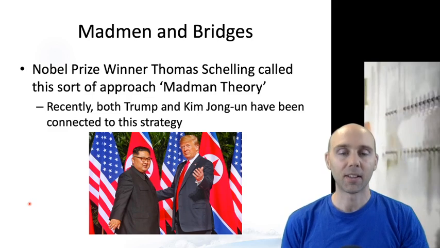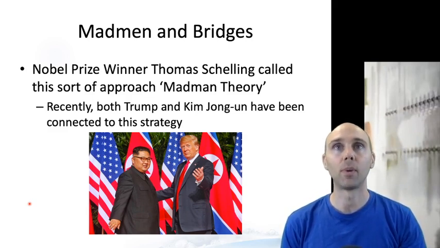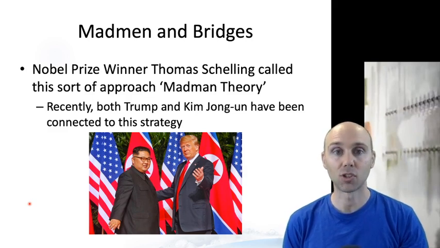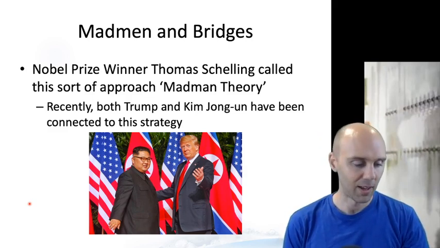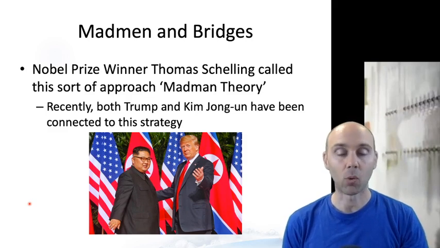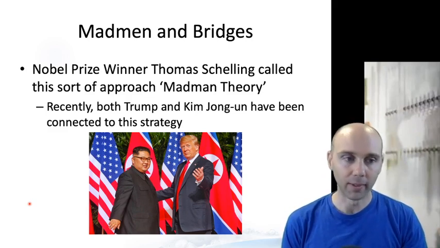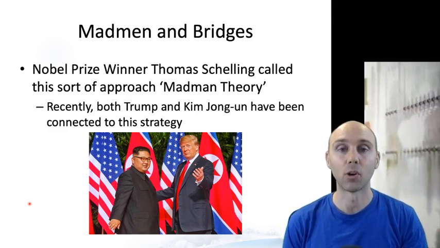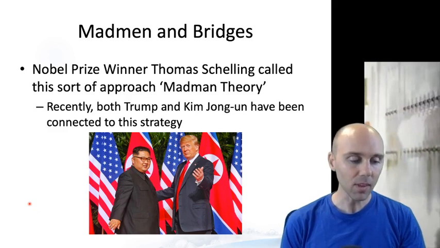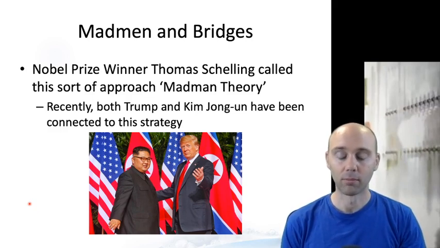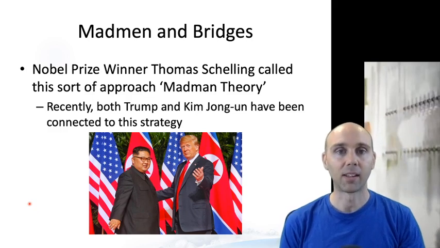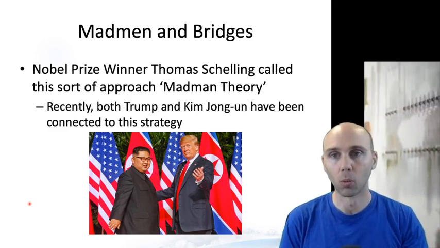And in the past year or two, both Donald Trump and Kim Jong-un have been connected to this madman strategy, not used here as an insult, but just as in they quite often make claims that they are willing to go to these completely crazy, devastating lengths if their demands are not met, such as Trump's trade war, many other things that Trump has said, and Kim Jong-un's approach to, say, nuclear warfare.